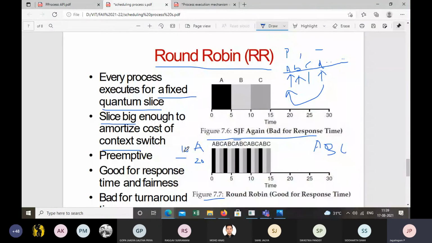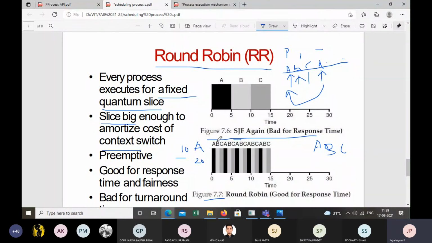Because your quantum time is 10, in the first round, how much time will process A be executed for? 10 milliseconds, right?